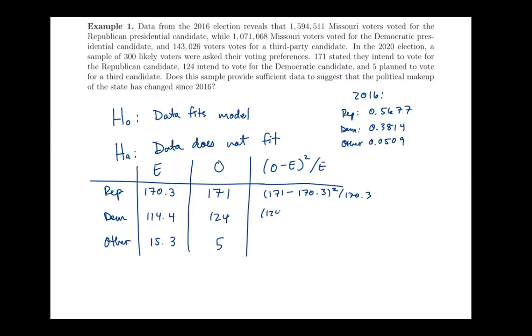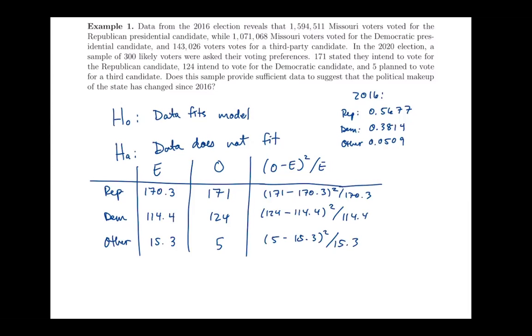We'll take 124 minus 114.4 squared divided by 114.4. And then 5 minus 15.3 squared over 15.3.